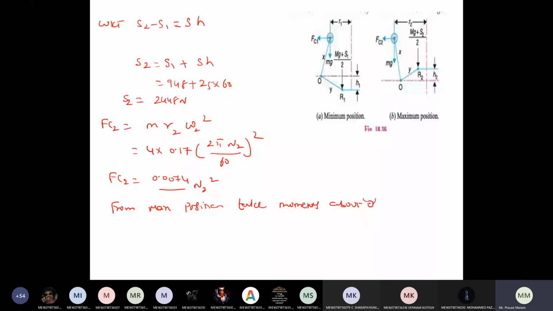What is the equation we are getting again? FC2 into X, which is equals to mg plus S2 by 2 into Y. What is happening here again? Are we considering mg or not?